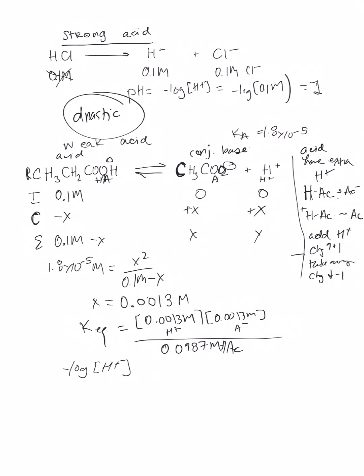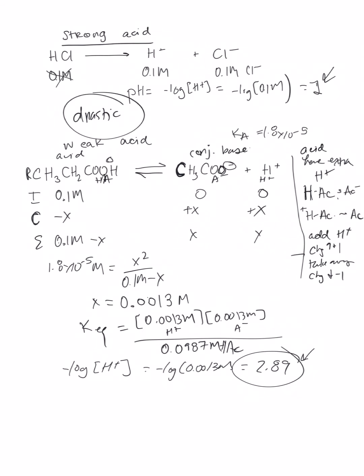But if you have 0.1 molar acetic acid, you get negative log of 0.0013 molar, and that gives us a pH of 2.89. So 0.1 molar of that weak acid is giving us a pH of 2.89, whereas over here with our strong acid, 0.1 molar is giving us a pH of 1.